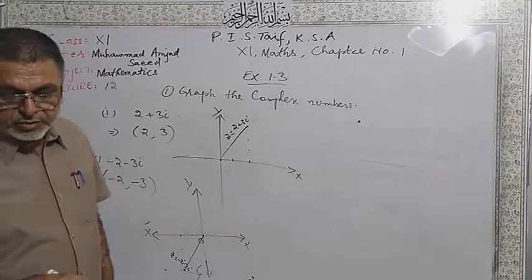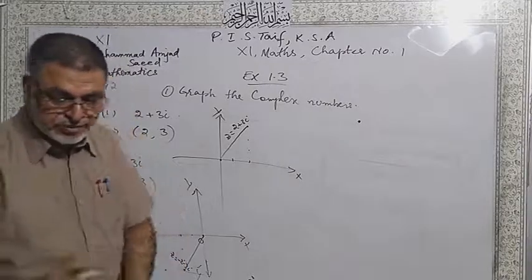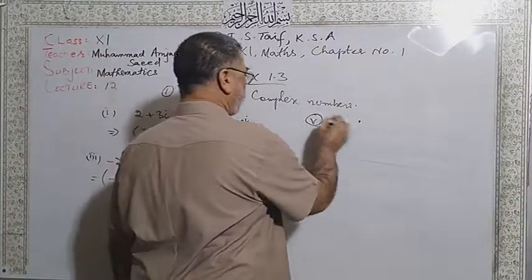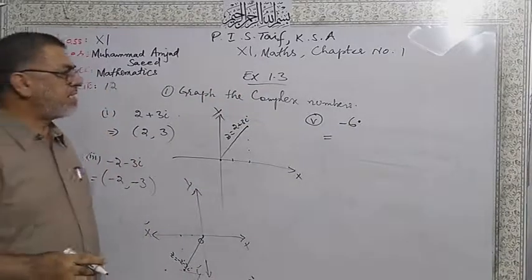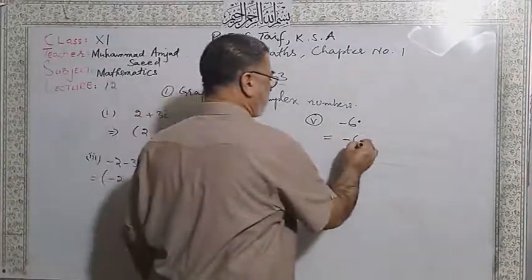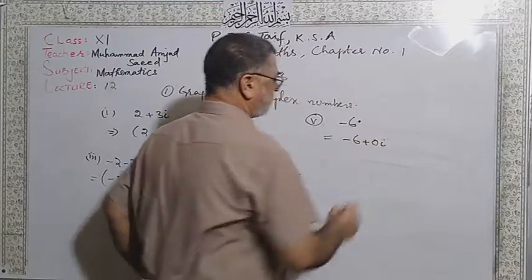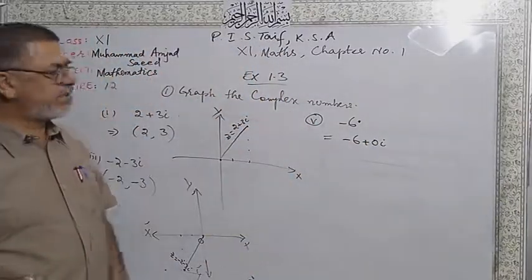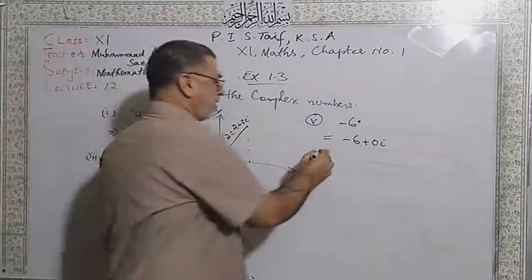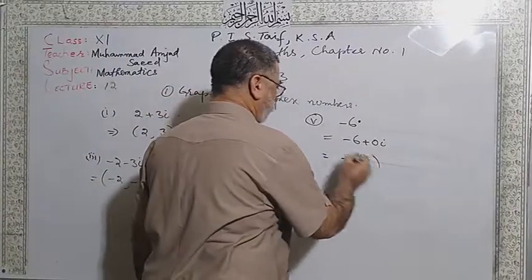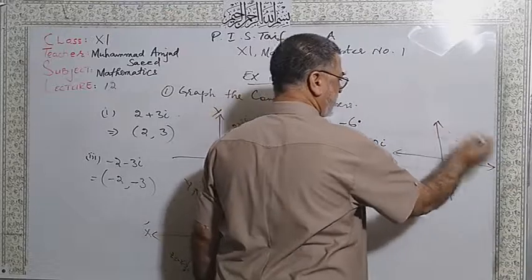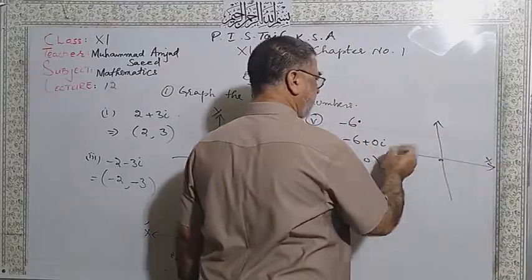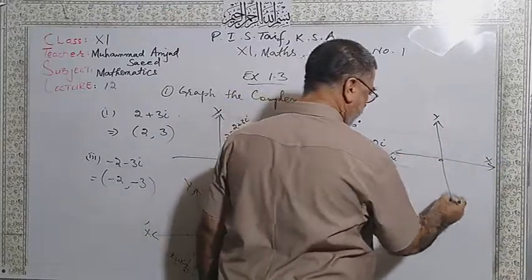Similarly, you can have part number 5. What is part number 5? That is minus 6. Remember that minus 6 is a real part, you can write it as a complex number, minus 6 plus 0 iota. Convert it into ordered pair form, and now you can have the x-axis and y-axis.